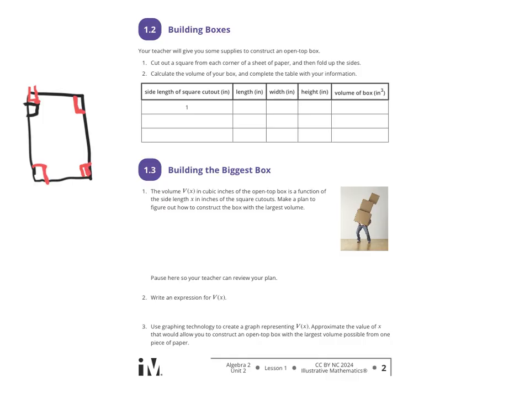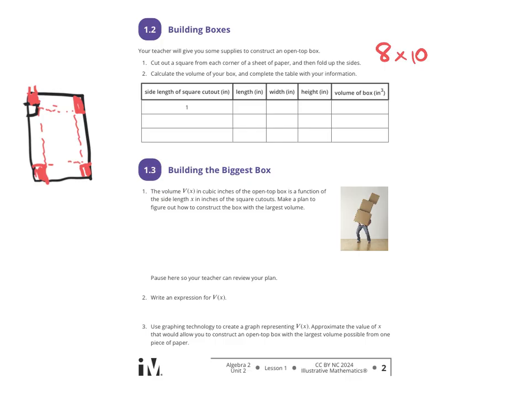And once we cut these sections out, we were left with flaps. We took and folded the flaps up, leaving a box on the bottom and 4 sides. And so we did that. So we pretended our piece of paper was 8 by 10 inches, 8 inches wide, 10 inches long.